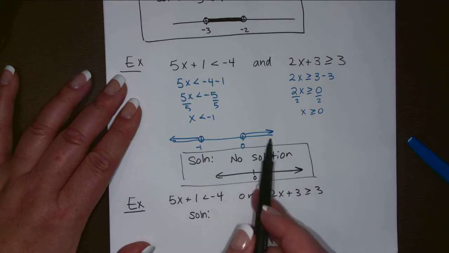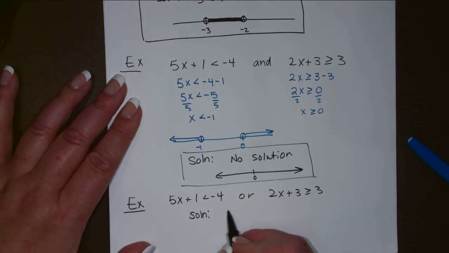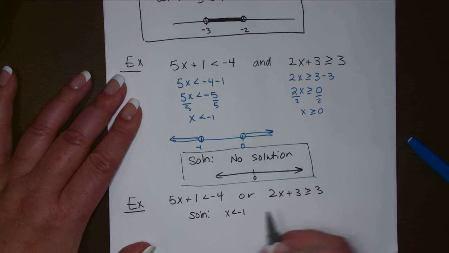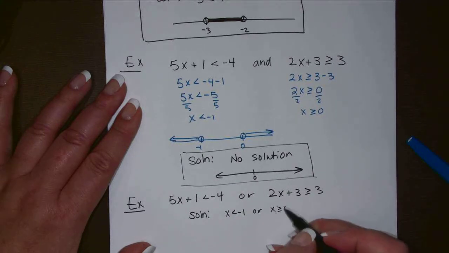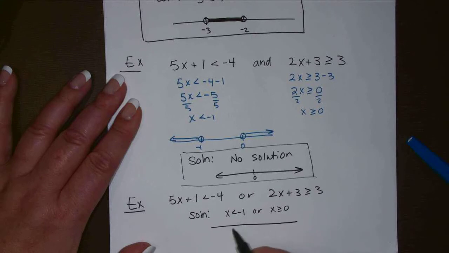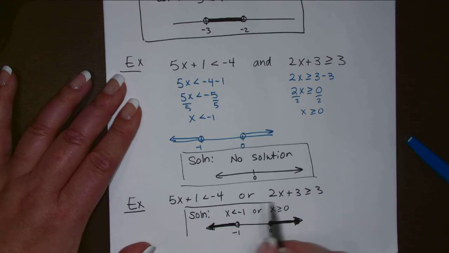And because they don't overlap, we say or. So the solution is just what is given. So this or less than negative 1. Or greater than or equal to 0, so color in that dot. And just with an or in between it is the solution.